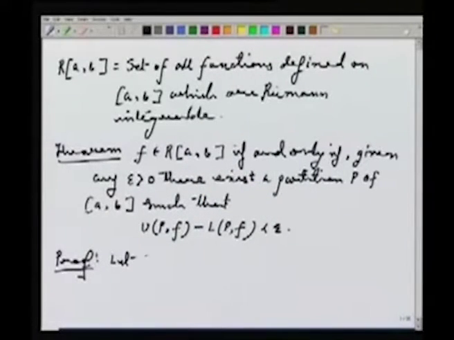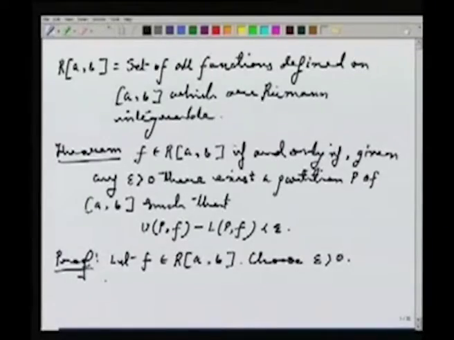So let f belong to R[a,b], and choose epsilon bigger than 0. Now the first question is, how do I get hold of the partition P which is going to satisfy that criteria? Well, it is very simple.